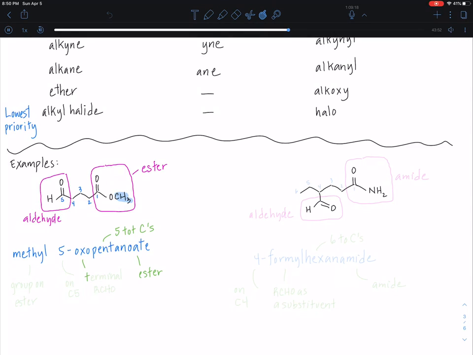Oxo means I have a terminal aldehyde, and it's on the 5th carbon. The oxo group is on the 5th carbon, right? So the aldehyde contains the carbon, right? The oxygen and the hydrogen, but the oxo group is talking about the oxygen. And then methyl over here, this is the group on the ester.